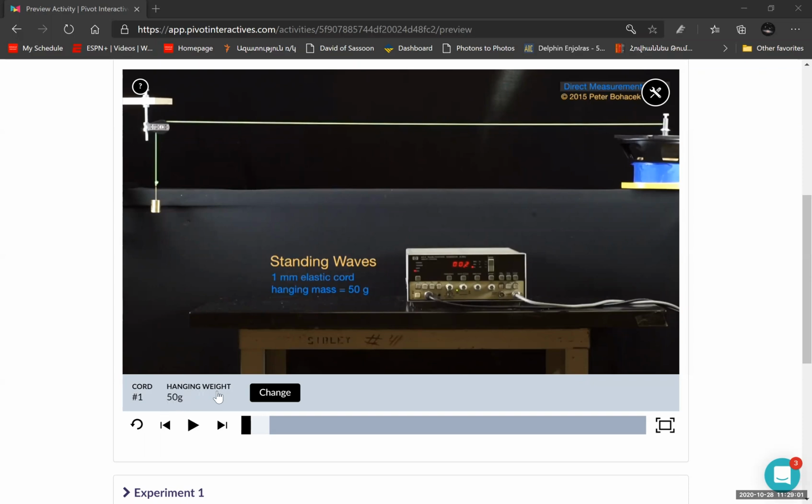You have to understand that hanging weight and hanging mass are different things. You're given 50 grams, that's the mass in grams. To find the weight, you have to convert this to kilograms, then multiply by 9.8.